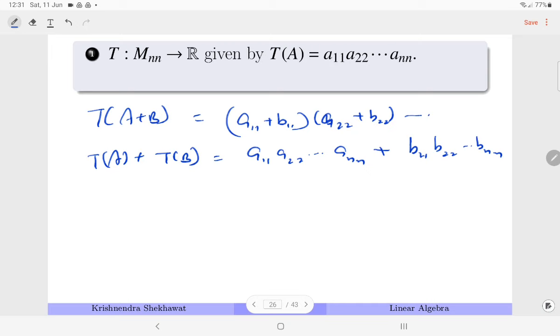Again, left hand side cannot be equal to the right hand side. Take any example of M22, something like this, and you can easily produce the counter example. So not a linear transformation.